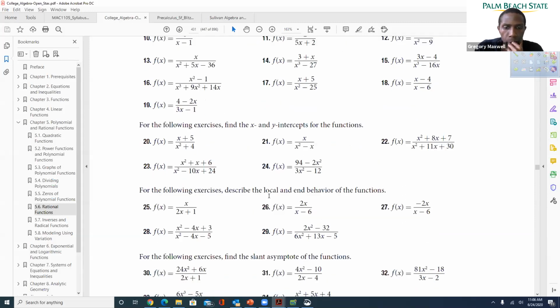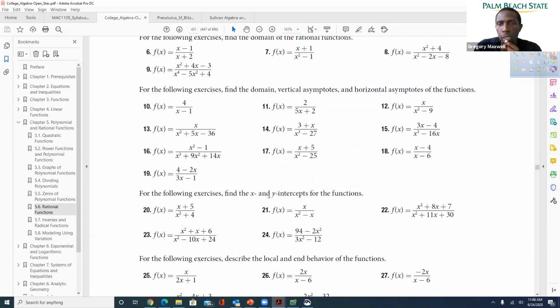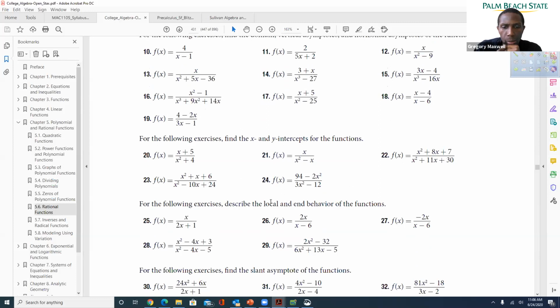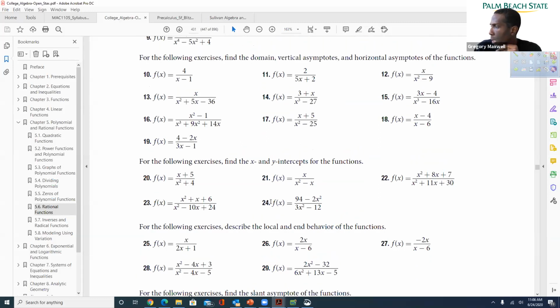All right, let's take a quick look at these questions here. Choose a question from number 10 to 19 and one from 25 to 29. Number 17 is selected. Find the domain, vertical and horizontal asymptotes. Let's do that one.